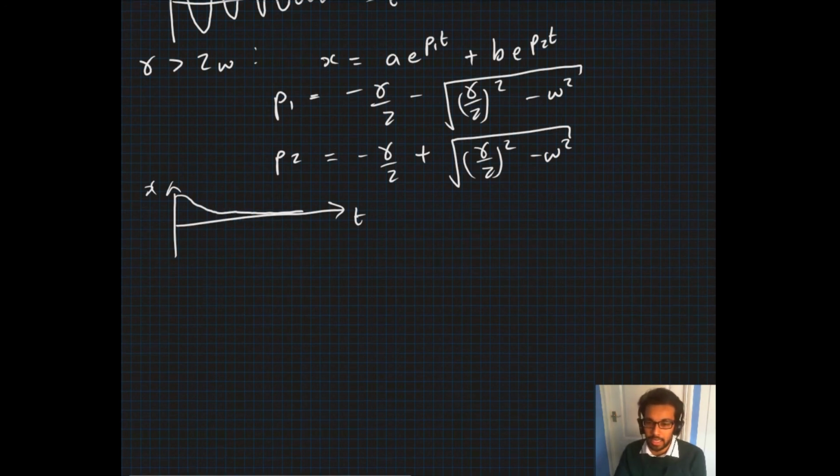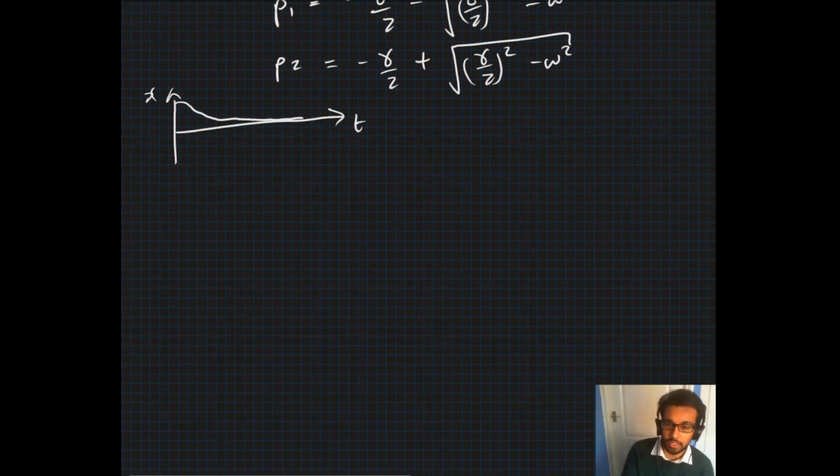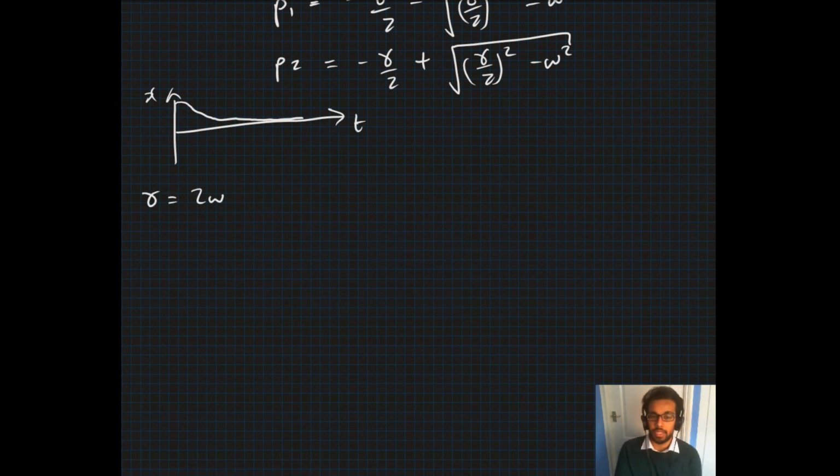Now, if we instead have critical damping, final case, where gamma equals omega, there's only one solution for p. You have p equals minus gamma over 2. And this is actually of practical importance because critical damping ensures the most rapid return to zero.